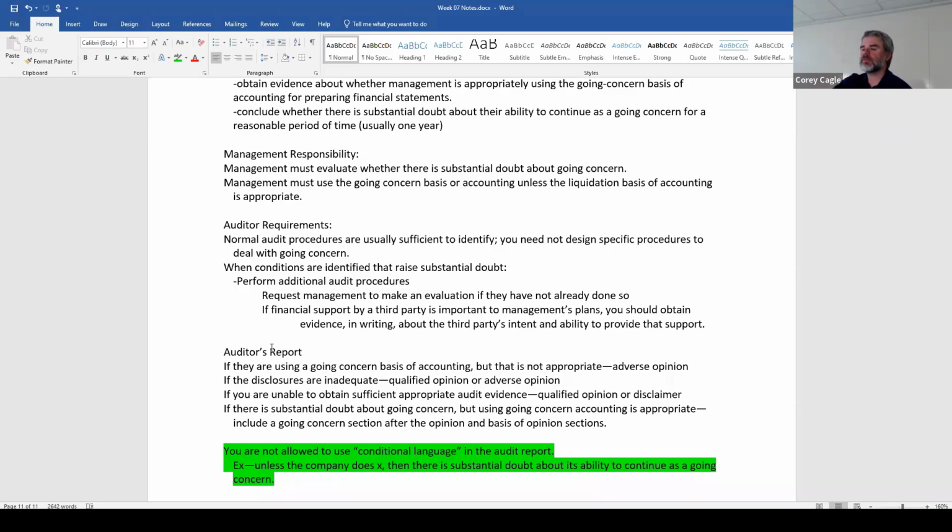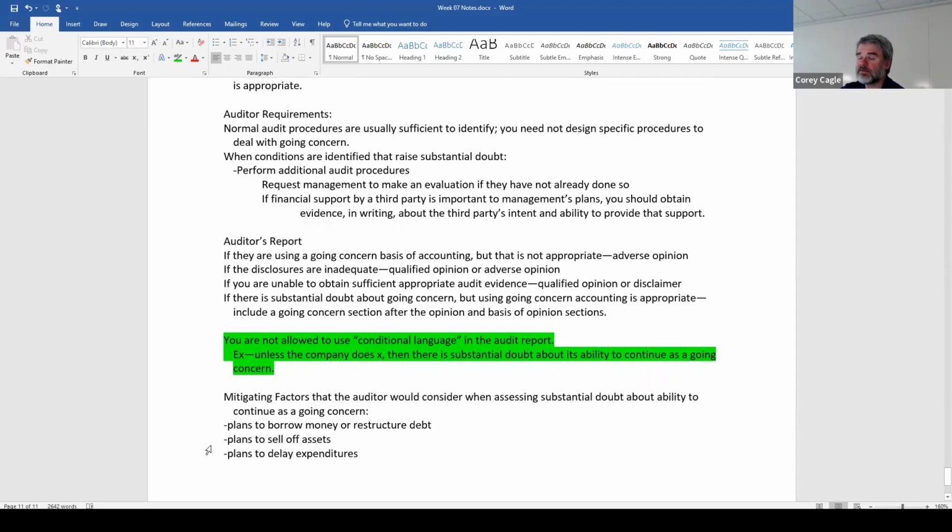If we deem that it's very important that a third party provides financial support, if that's a big part of the management's plans, we need to go further and talk with them and get, hopefully in writing, about their intent to do this and ability to do this. And we'll look at debt things to see if there's been any reorganizations of debt, that kind of thing. It's hard to ask good test questions on that kind of thing.